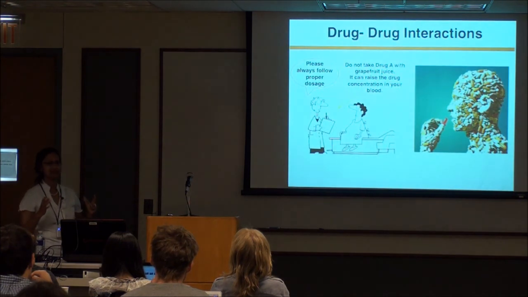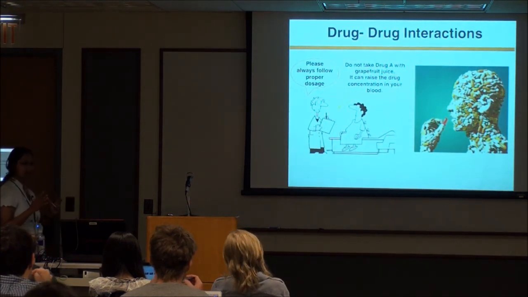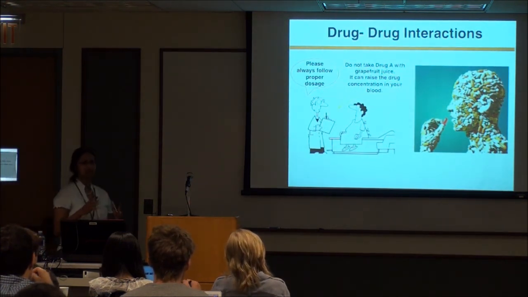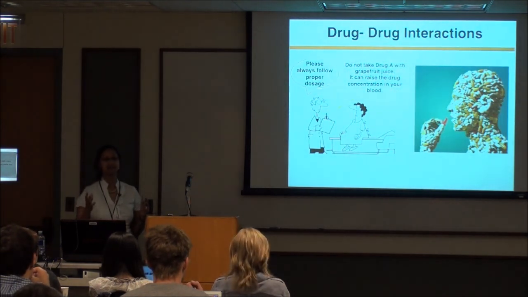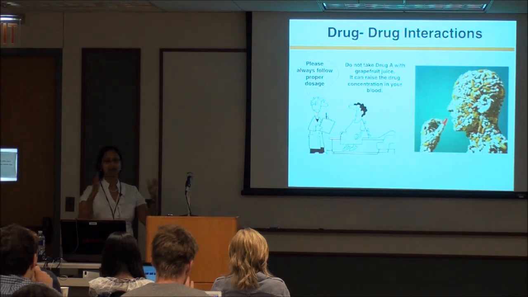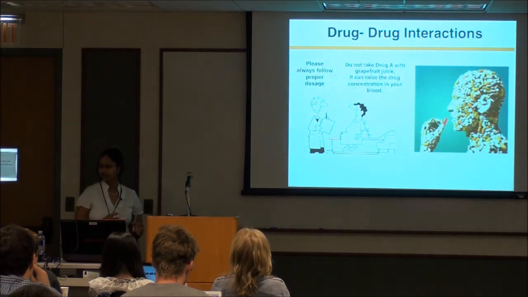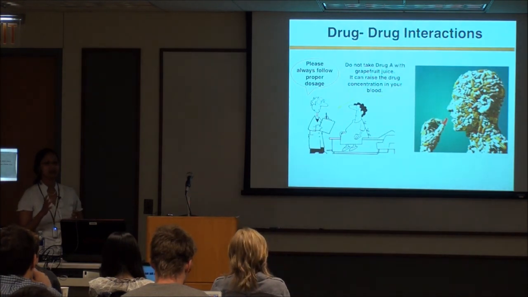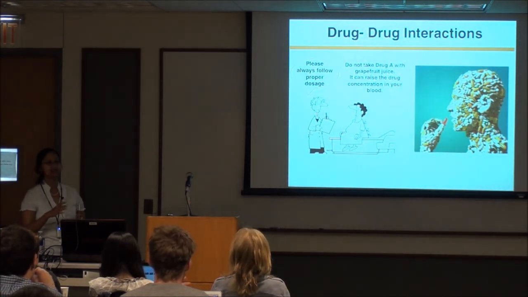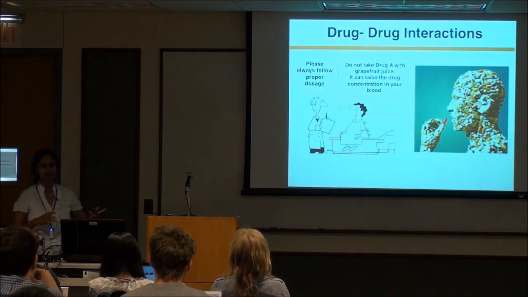You might think, why is this important? Patients like elderly patients, HIV patients, and people on chemotherapy take multiple drugs. What happens is your liver has many P450s. I'm going to show you a quick slide on how many P450s you have. One drug will inhibit those proteins, and the other drug will increase the activity of the protein.